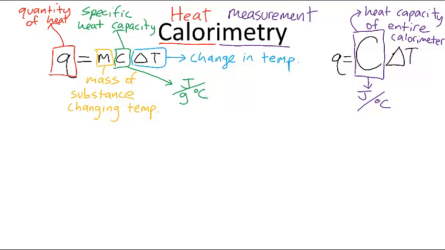Okay? The idea is we run the reaction in a calorimeter, we measure the temperature change, and use it to calculate Q. All right? So this is how we did calorimetry.